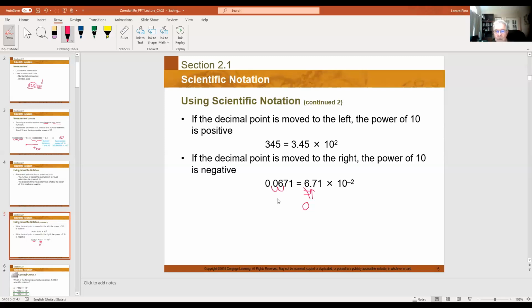As you move the dot 2 places to the right, then the exponent will be negative. How many times? -2. This is what we call scientific notation to express very small numbers or very large numbers.